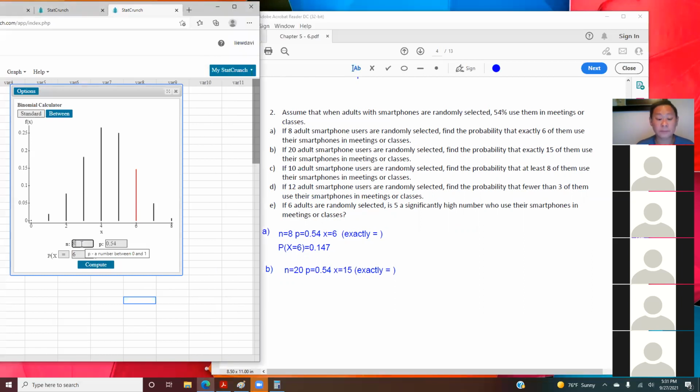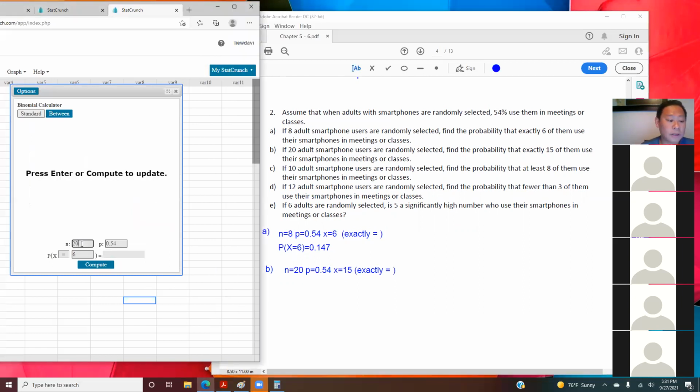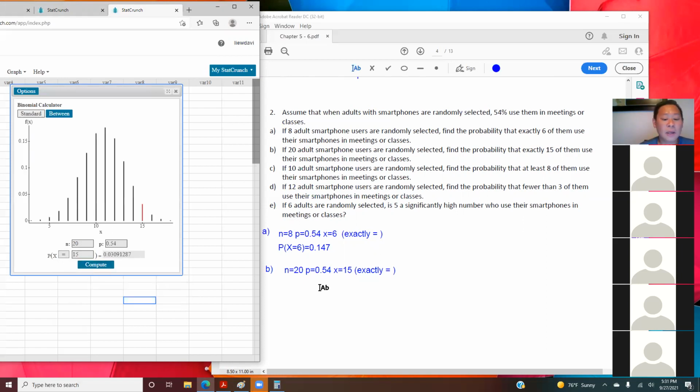N is 20. P is still 0.54. And which one should we pick for this case? Equal to, and this number is 15. And you hit compute.